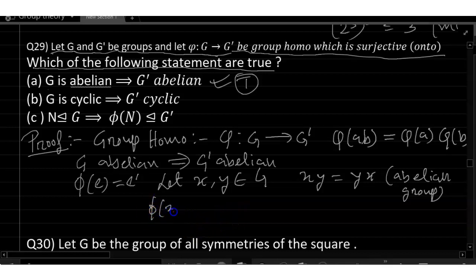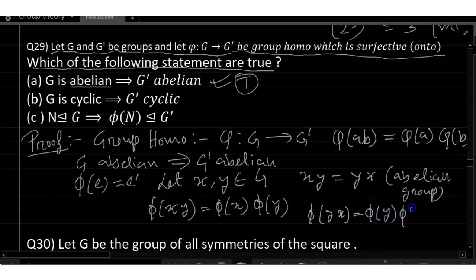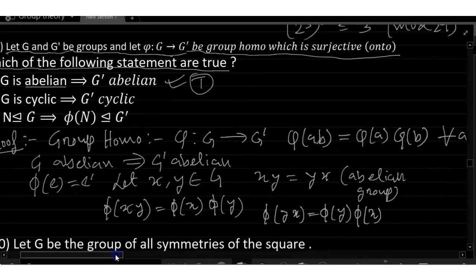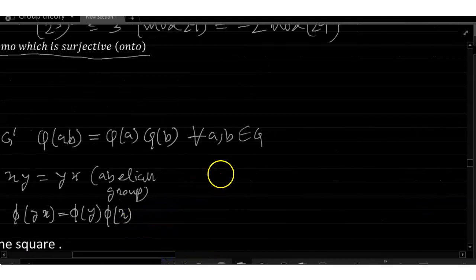Phi of xy equals phi x phi y, and phi of yx equals phi y into phi x. So G dash is an abelian group.